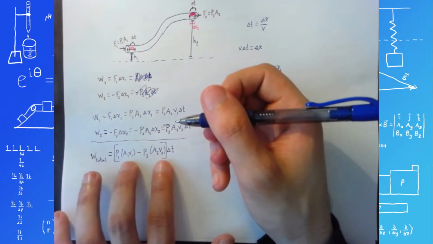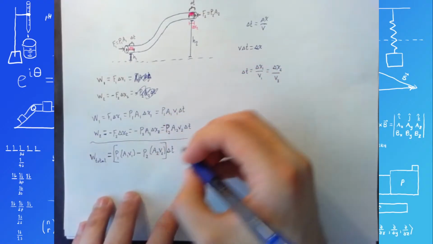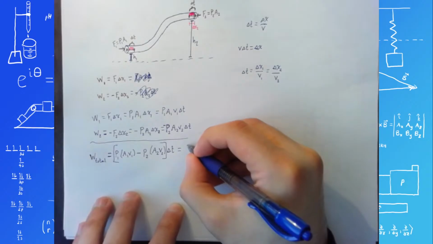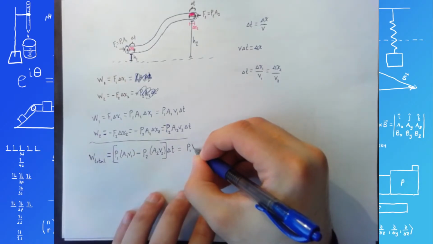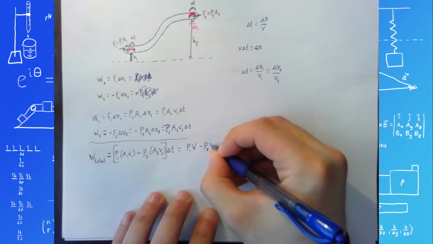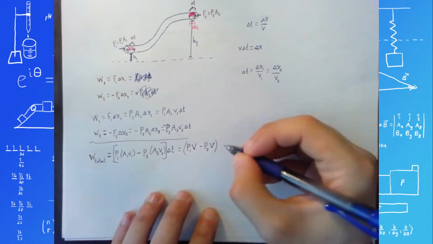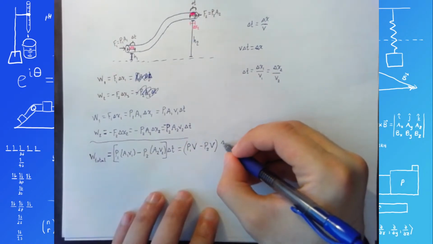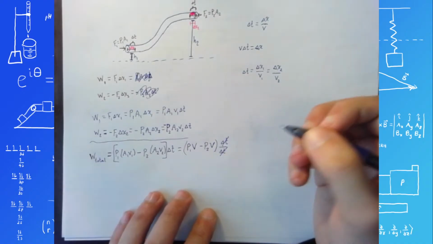So I can rewrite each of these as volume over time. So it'll be P1 times volume minus P2 times volume, all over time, but also times the delta T, so the time just cancels out.